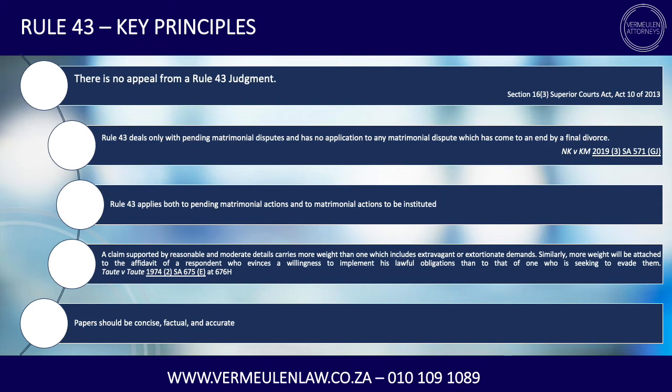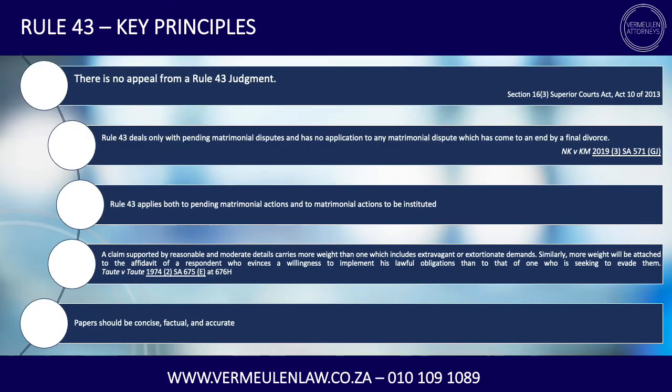Then, very important, Rule 43 deals only with pending matrimonial disputes and has no application to any matrimonial dispute which has come to an end by final divorce. This is a critical principle. The minute the divorce is finalized and there is no order for maintenance, in terms of Section 7.2, the door has closed on spousal maintenance claims.